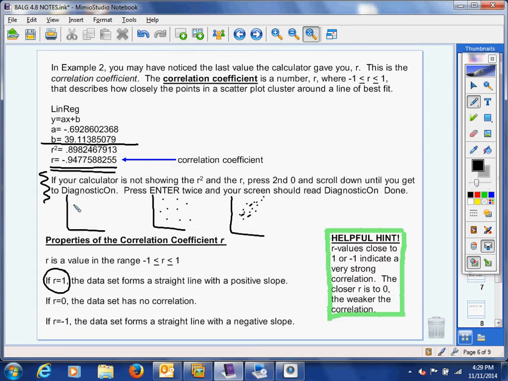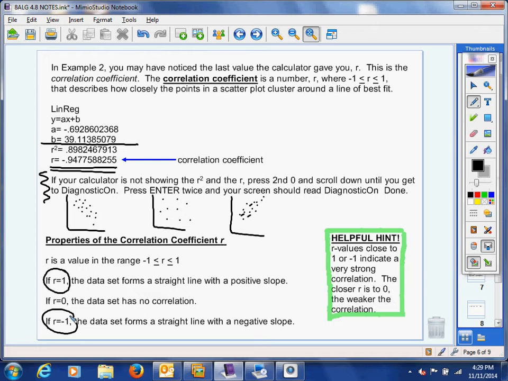And then we did talk about points that are clustered but leaning left. For that data set, you're going to have a decimal real close to -1. So it should show up as -0.9, -0.8, something like that, which would indicate that negative slope, a very strongly negative correlation, okay?